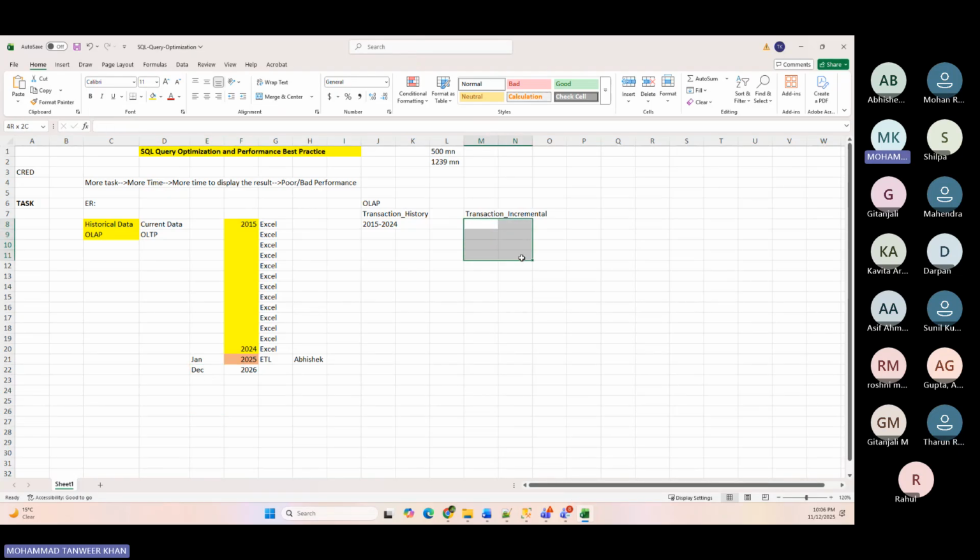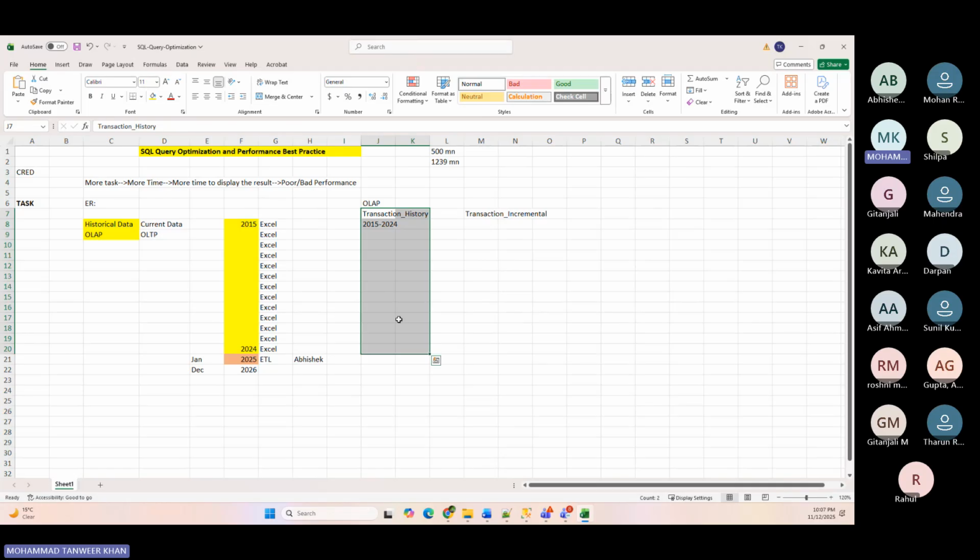So now in this transaction incremental table, I have data from January 2025 to December 2026, that is 24 months of data. Then from here, we will move that again to this transaction history table. That we keep on doing.